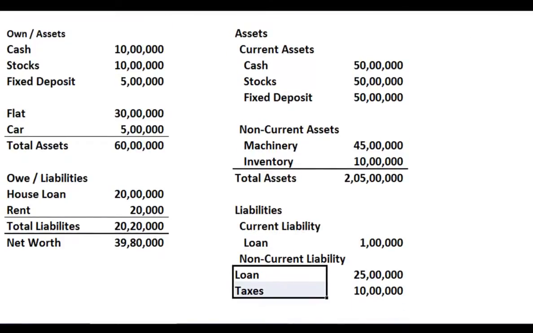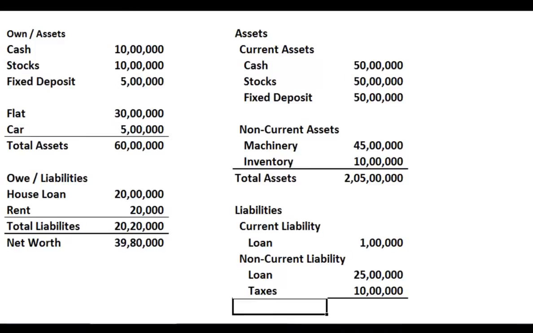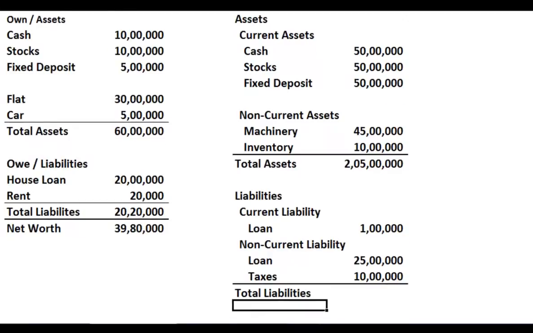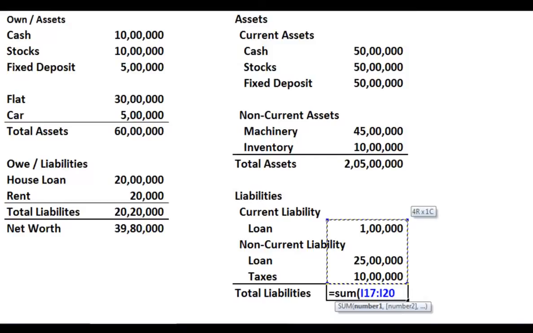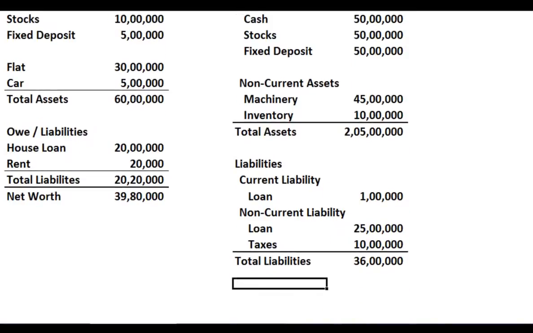You owe this only much later and not immediately. So let's just tabulate what your total liabilities are. Very simple. It is the sum of your current and your non-current liabilities.